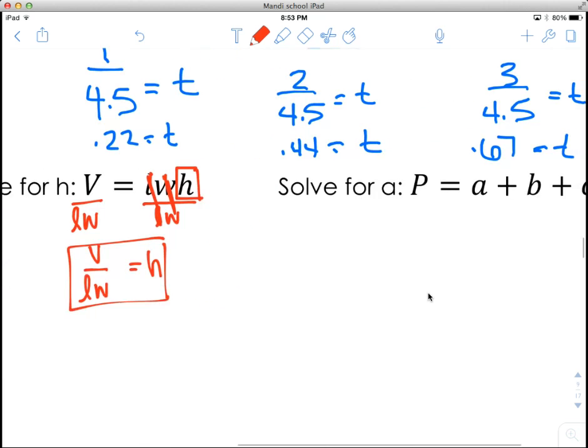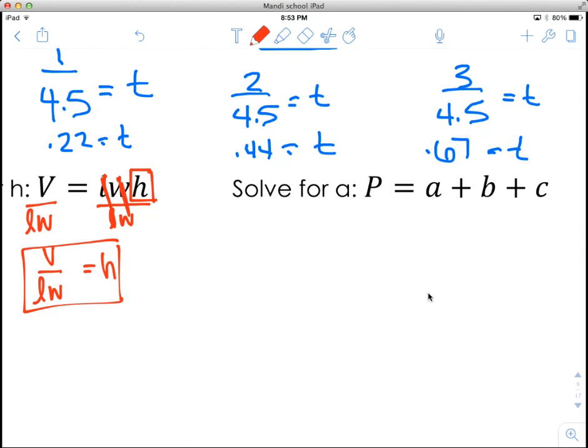Now this last one can be worked as a one-step or a two-step equation. I'm going to work it as a two-step equation, but you could do the same step. We're going to solve for A. But if you look at the relationship, we have plus B and plus C. To get rid of addition, we have to subtract. So we're going to subtract B from both sides.